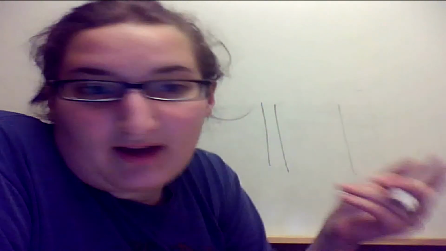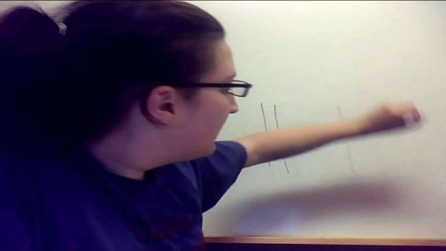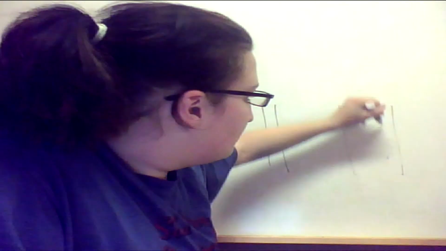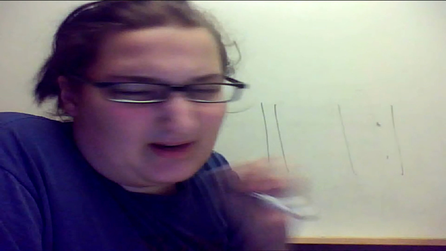For example, you could have like 8 half notes, and that would be 4 beats per measure. And then all the measures in that piece of music would have 4 beats. But anyways, this is a measure line. You could also have this, which is a repeat sign, a line with 2 dots, in case you can't see that. And those are just a few common symbols that you should know.